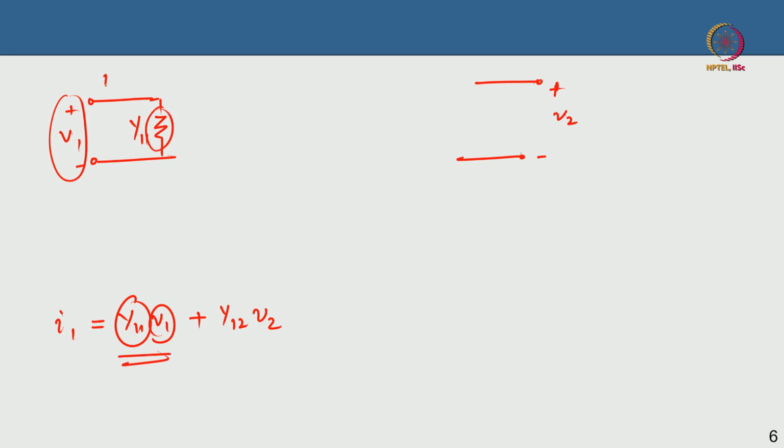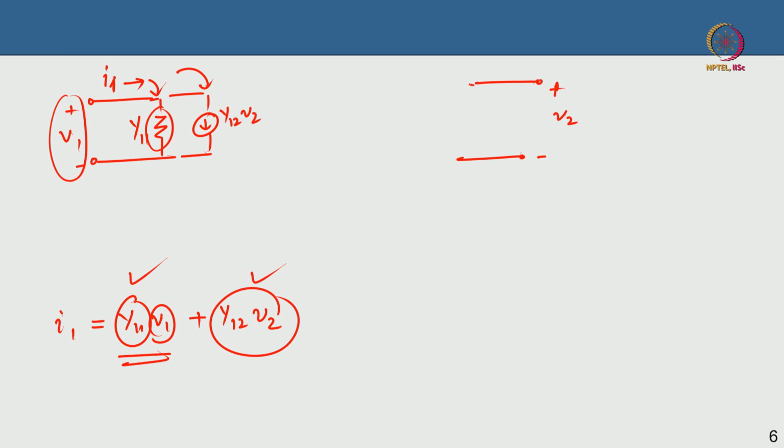So essentially I1 is this, but I1 also has another component, and what I am going to do is model it as a current source. So I1 has this first component and the second component. This component is Y12 into V2, which depends on V2 here. Okay.